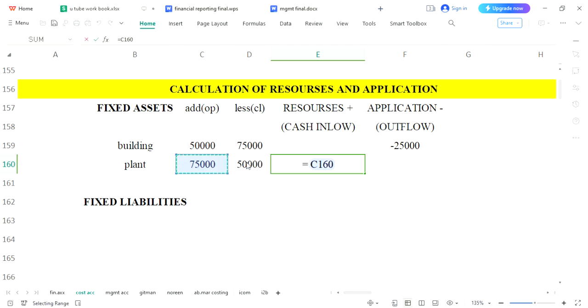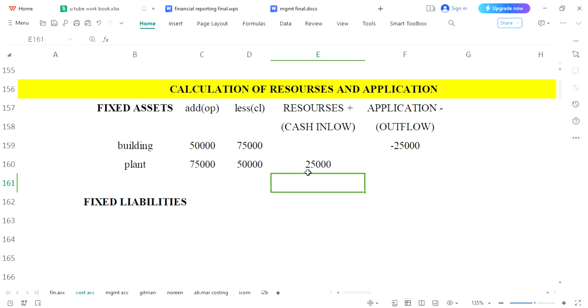So here plus minus closing, you have got the plus sign. When you get a plus sign, you will write it in resources. When you get a minus sign, you will write it in application. In other words, plant at the start was 75,000. Now you have only 50,000 worth of plant. It means 25,000 worth of plant has been sold. You received cash. That is why you have received it in inflow.